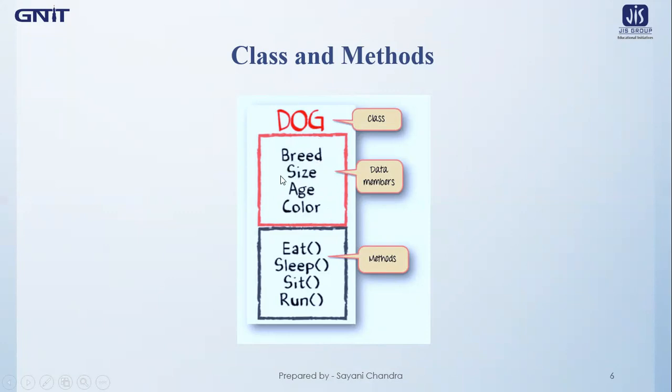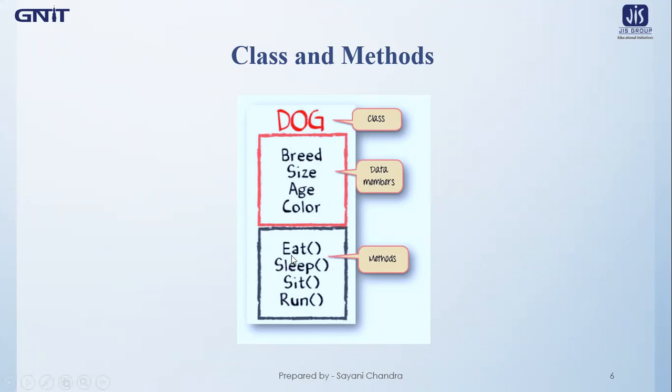That means these are the properties or attributes that can be used to identify each of the dog class objects uniquely. These are the data members of the dog class. These data members are used by all the dog class objects so that each of the dog class objects can be identified uniquely. Now let's move on to the lower portion of this image.